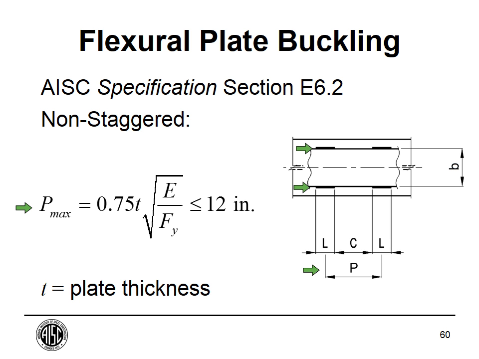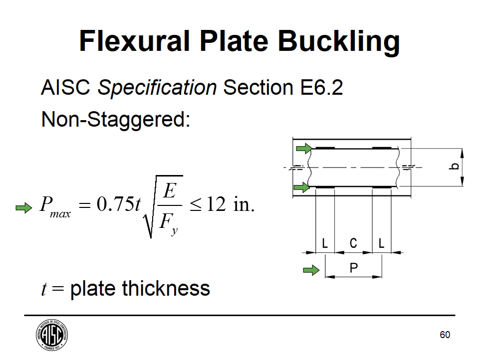It's 0.75 times the plate thickness times the square root of E over S sub Y. And that can be a maximum of 12 inches. So this is a way to make sure that your flexural buckling of the plate between stitch welds does not occur before local buckling. So if you check this, you've just made sure that local buckling controls the design, and if you check local buckling, then obviously you've taken care of that.